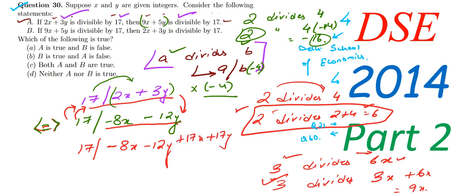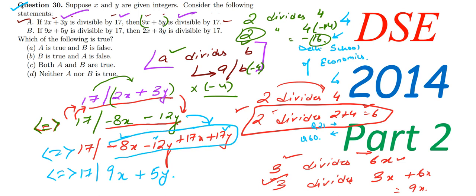So let's solve this further and let's check what we get. 17 divides minus 8x plus 17x, which gives 9x, and minus 12y plus 17y gives plus 5y. So you can see that here also we have a double implication, that is, as this statement implies this, when 17 divides this statement, we can also say that 17 divides the other statement, because we are only removing 17x and 17y.